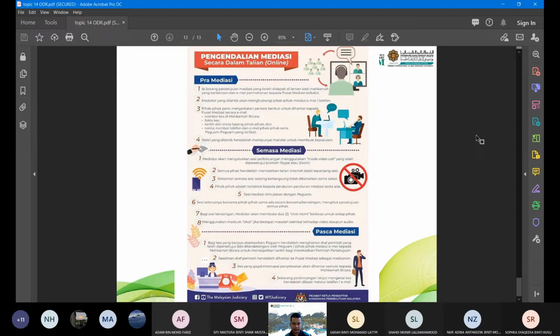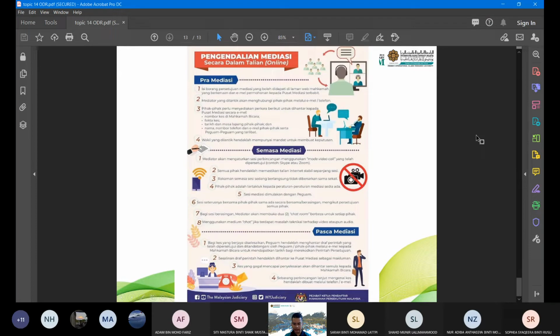And then during the mediation, the mediator can schedule a Skype, Zoom or Google call, and they have to ensure the internet is stable and so on. Meaning that these are online. I mean the federal court or the judiciary has this process in place already.